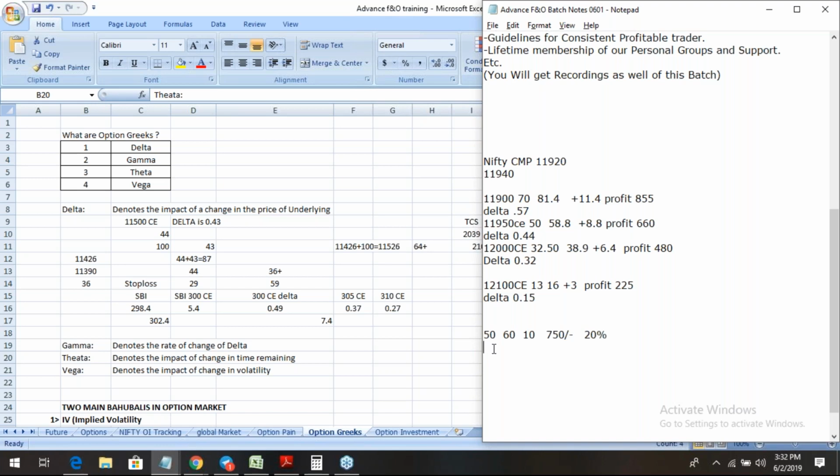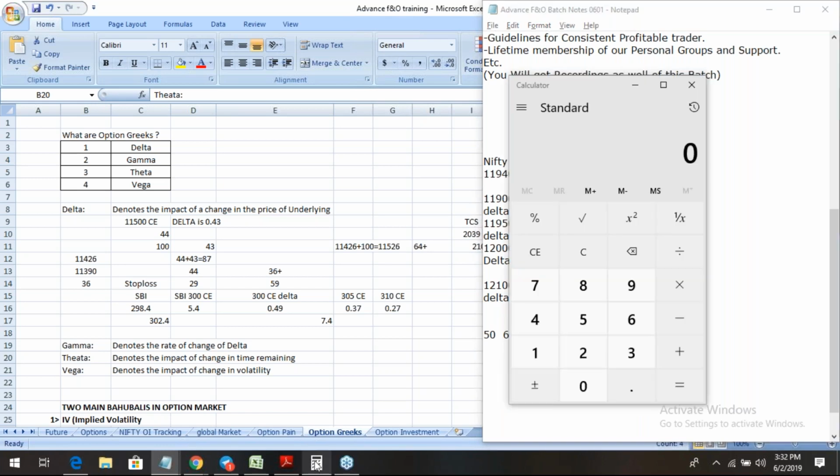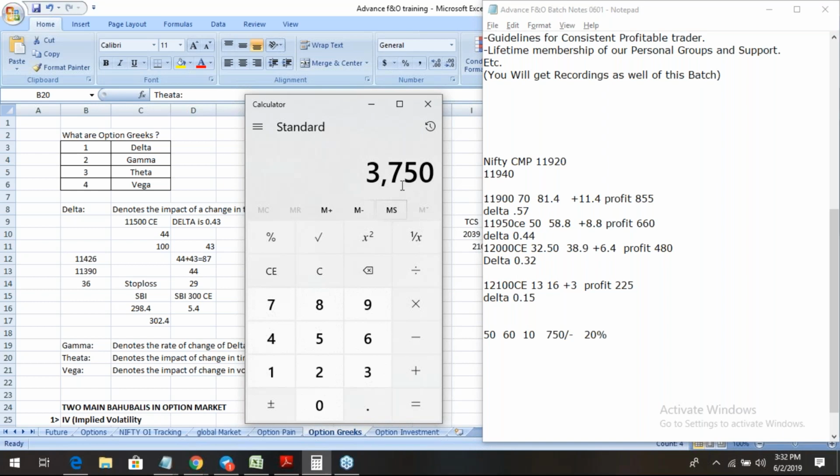How much capital do you require? 50 into 75, 3750. On 3750, you are getting 750, right? How much percent return? 20% return. Is it a joke?